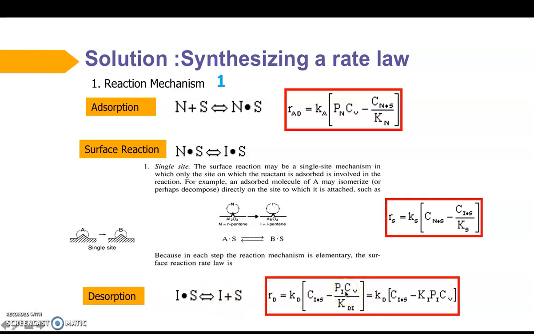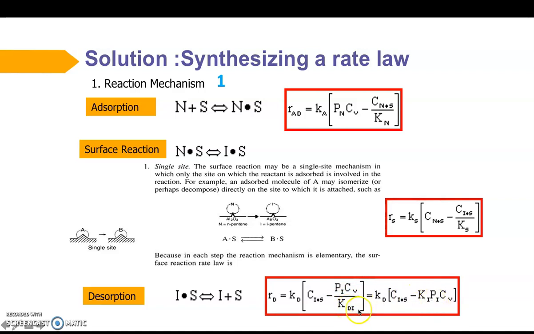If it states gas phase, then you put P; if it's not a gas phase, then you put C. And then times CV, because S comes back to the vacant site, over KD, where capital KD is the desorption constant.